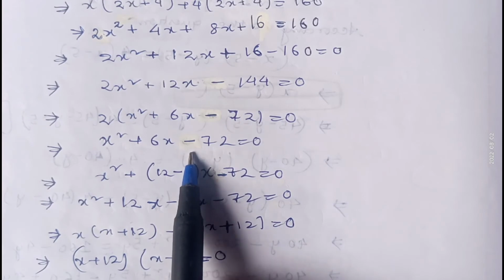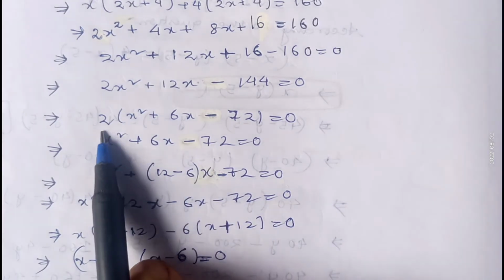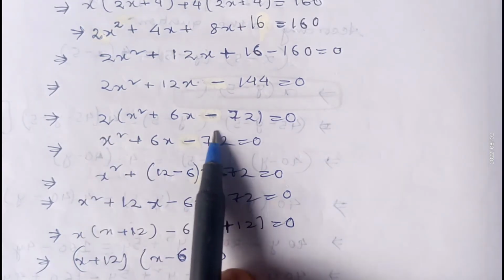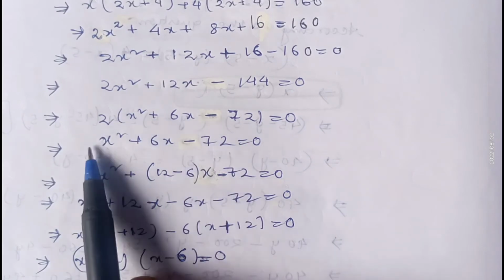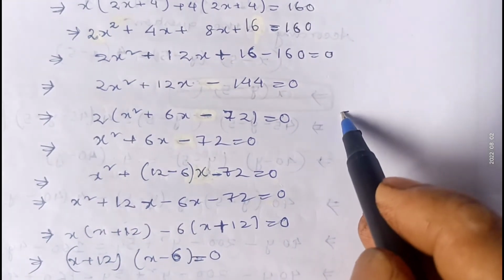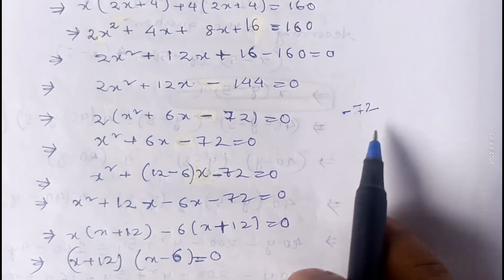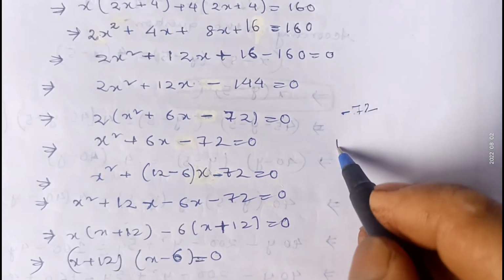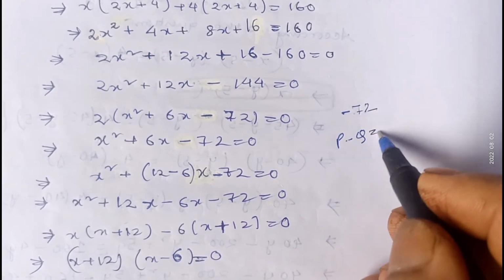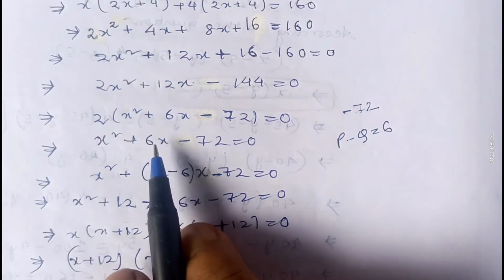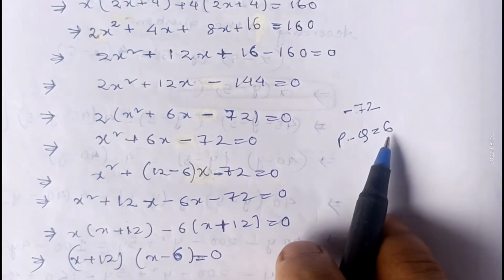Here we are solving it by middle term factorization. Here coefficient of x square is 1 and constant term is minus 72. So 1 into minus 72 will give minus 72. And since it is negative, we need two numbers whose difference should be 6.